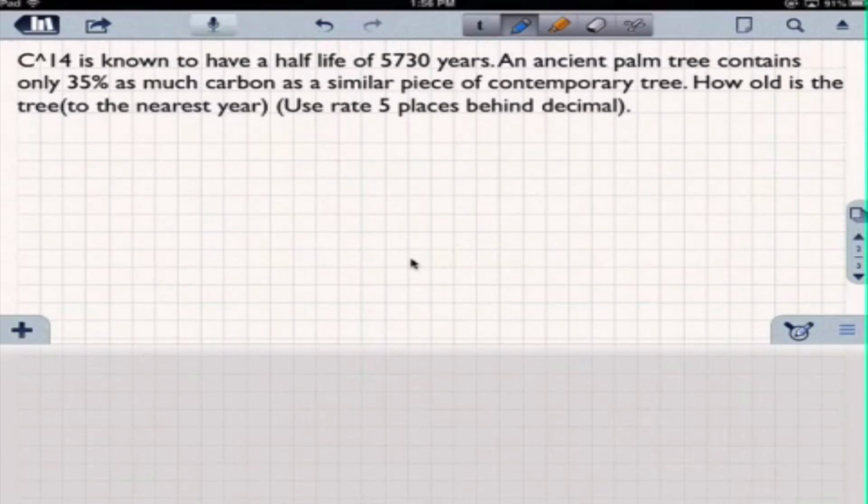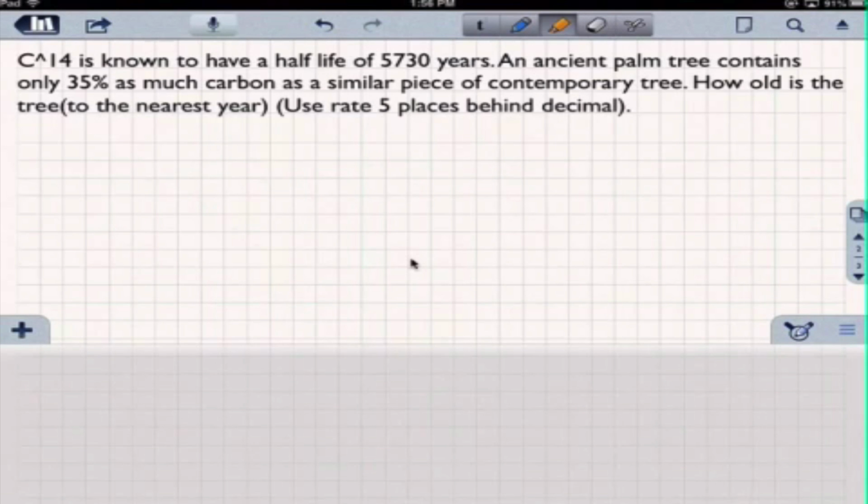There will be 2 or 3 of these tougher problems like this one, and I took this one from our word problem worksheet. It says C14 is known to have a half-life of 5,730 years. An ancient palm tree contains only 35% as much carbon as a similar piece of a contemporary tree. How old is the tree to the nearest year?